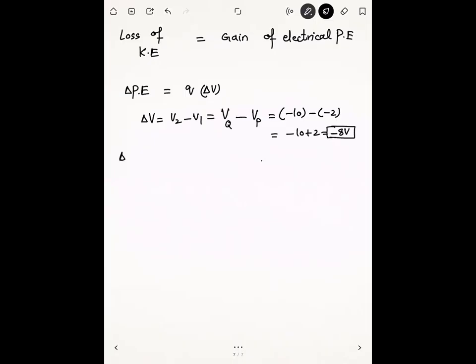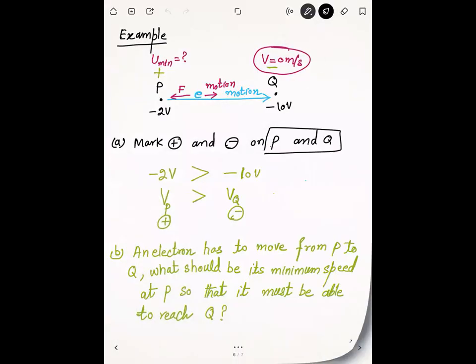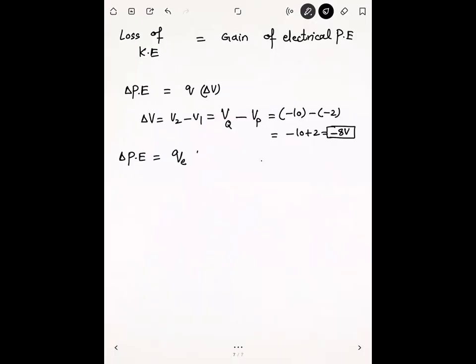So as a result, delta PE will be equal to charge of the moving particle, which is electron here. Magnitude of charge of electron should be multiplied with magnitude of delta V between Q and P. And the answer to this part will be 1.6 into 10 power minus 19 coulomb. It will be multiplied with 8 volts.